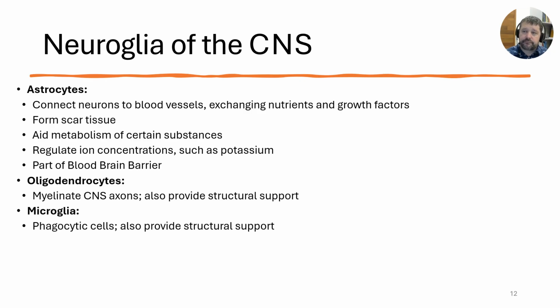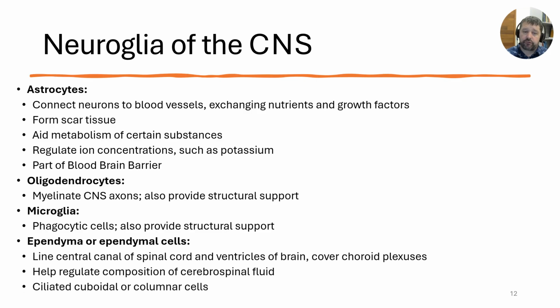Microglia, these are phagocytic. We already talked about phagocytes before. Remember, these are the cells that can engulf, bring in material. So they will often bring in waste or kind of protect the nerve, but they can also provide structural support. And epithelial cells, these are what's providing the resource that's needed to produce spinal fluid.